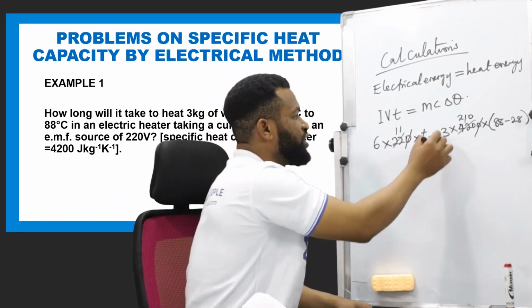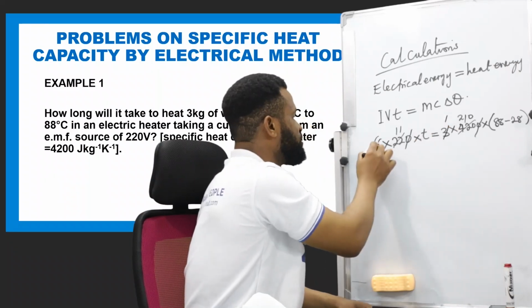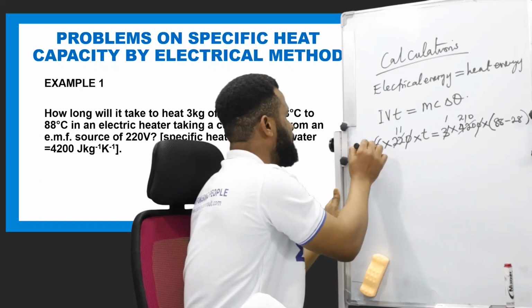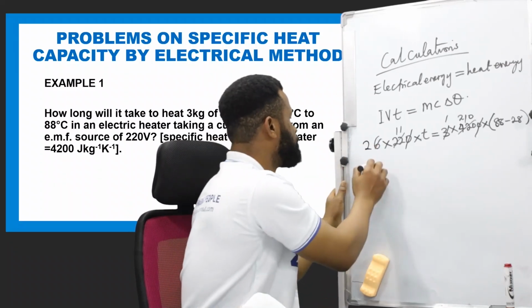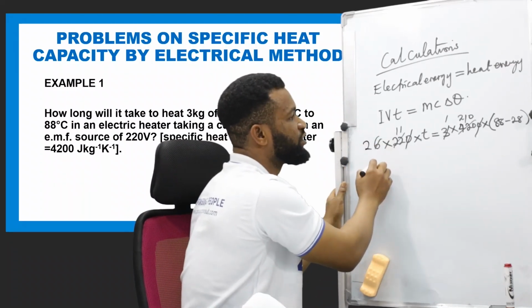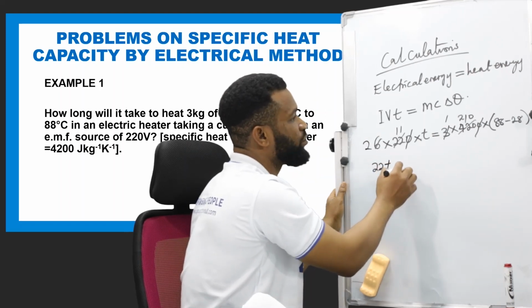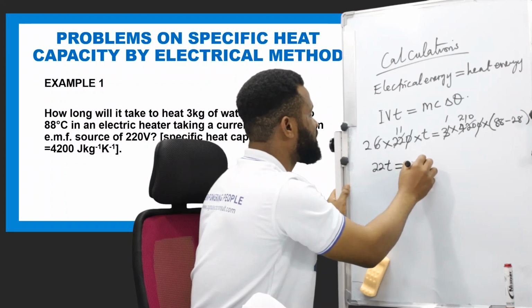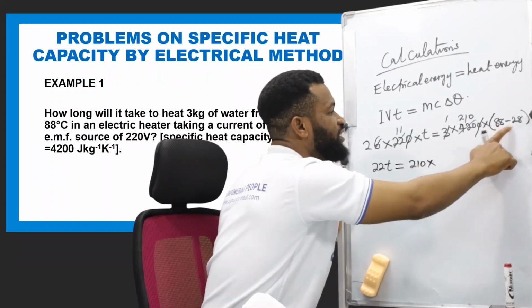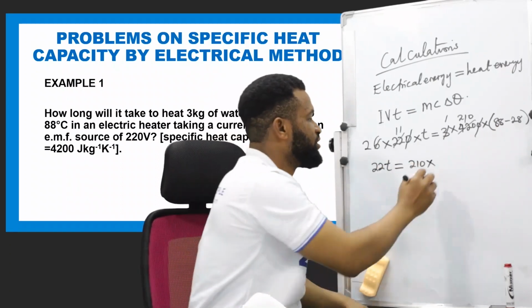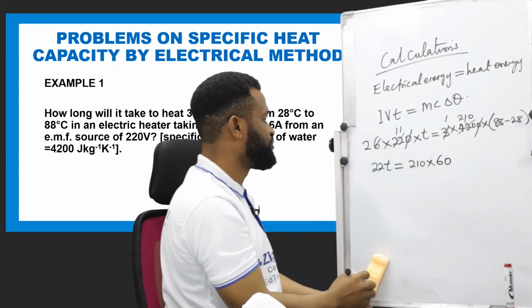So 3 itself is 1. 3 into this is 2. So we have 2 times 11 is 22 multiplied by time is equal to 210 multiplied by 88 minus 28, which is going to be 60. So I have 60 here.